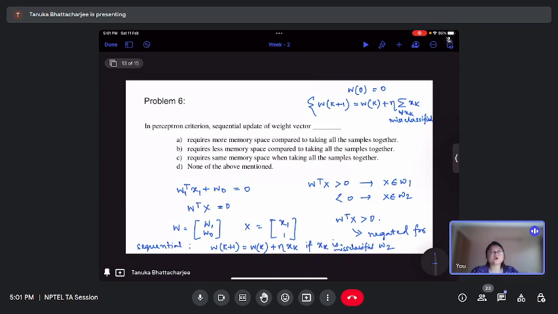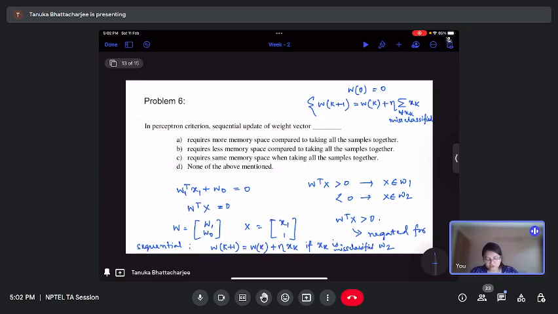But you need to update the weight more times, so some more computation time will be involved, with more addition operations. Also, because you are doing one sample at a time, the convergence might be slightly jittery, not as smooth as in the overall case.